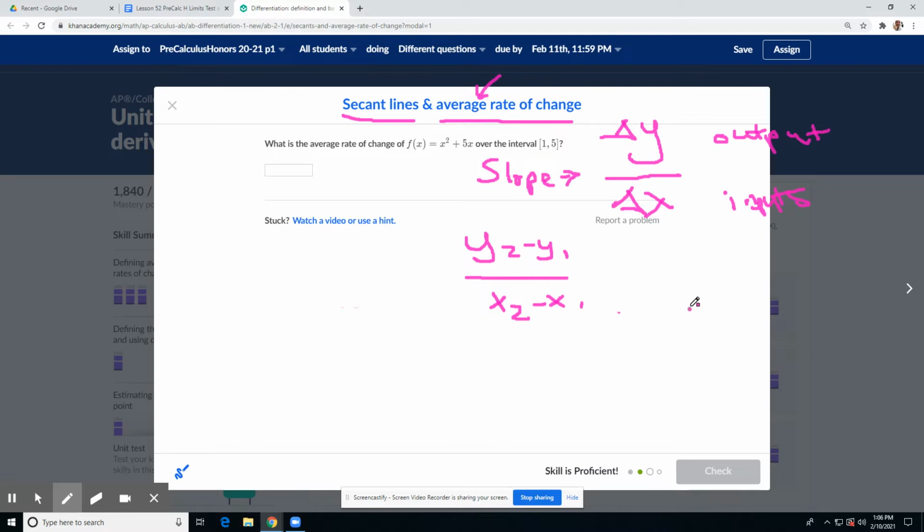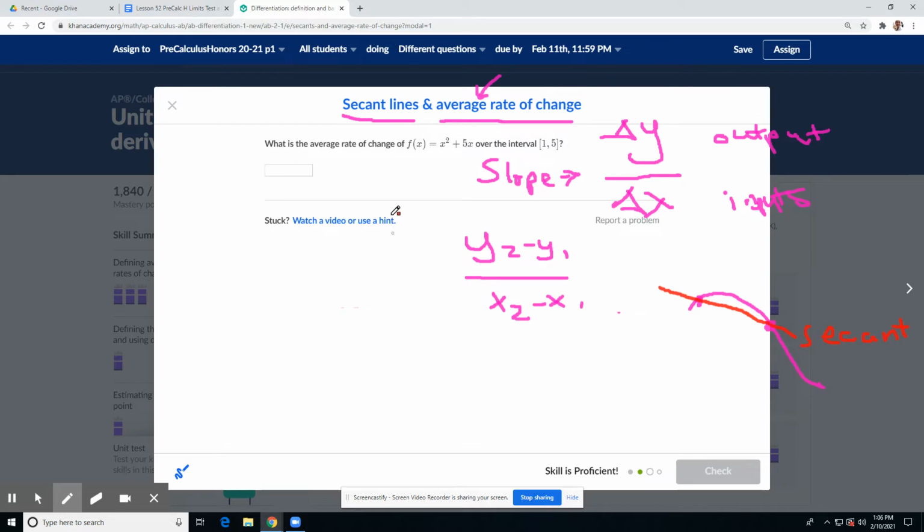If we have a curve and 2 points on it, the line that it forms is a secant line. It's basically an approximation of the slope. We pick 2 points and it approximates the slope.